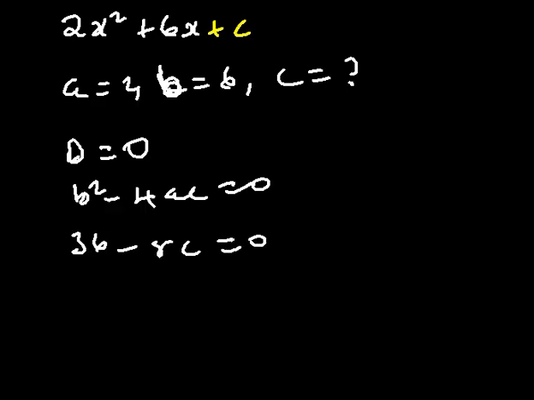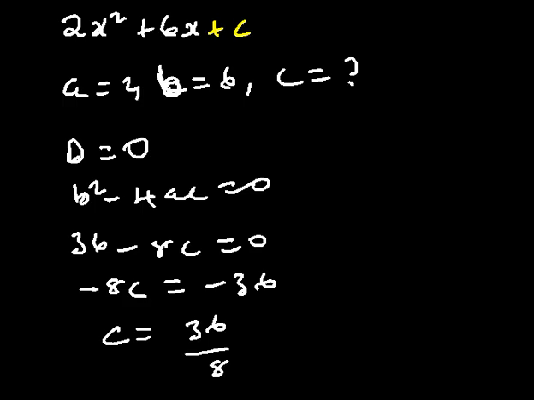And from here we can solve for c. So 36 will go this side, and that will be given as negative 8c equals negative 36. Now for this case, c is given as 36 divided by 8.